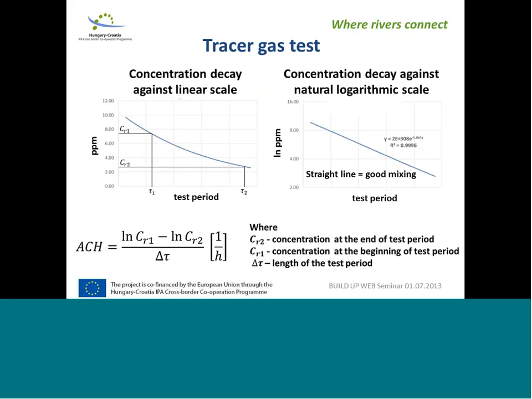When plotting this logarithmic change against a linear time scale, a good mixing is represented by a straight line. If the line is not a straight line, then the mixing was not good enough.